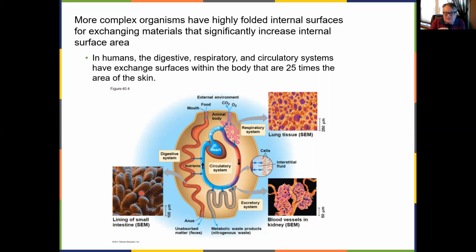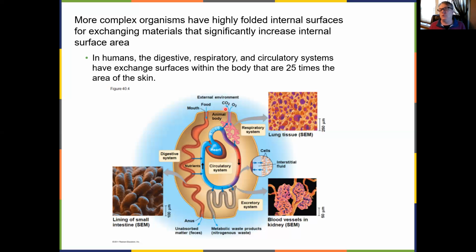But instead, it's obviously in a much smaller tube, and these folds greatly increase the surface area while allowing it to fit into a smaller volume. And that solution is repeated in several ways.